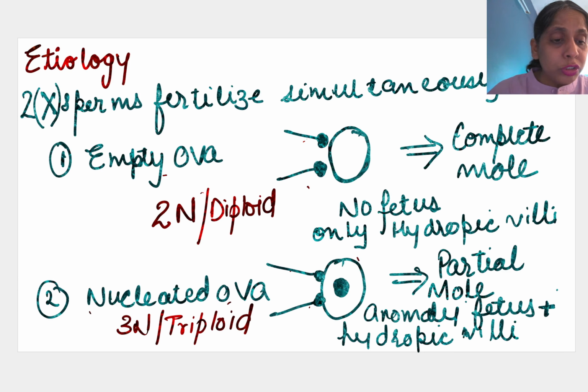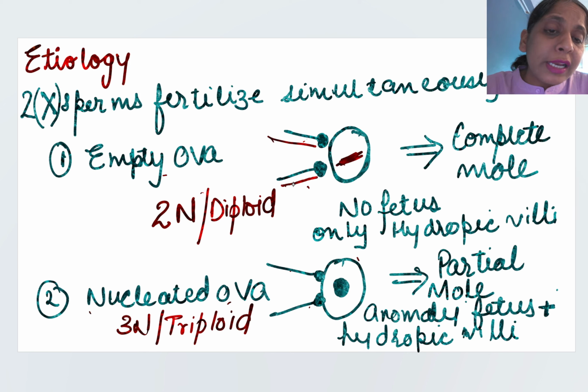What if two sperms fertilize and the ovum does not have its own nucleus? See here, I haven't drawn any nucleus, and two sperms are coming and fertilizing this empty ovum, the ovum which doesn't have a nucleus.